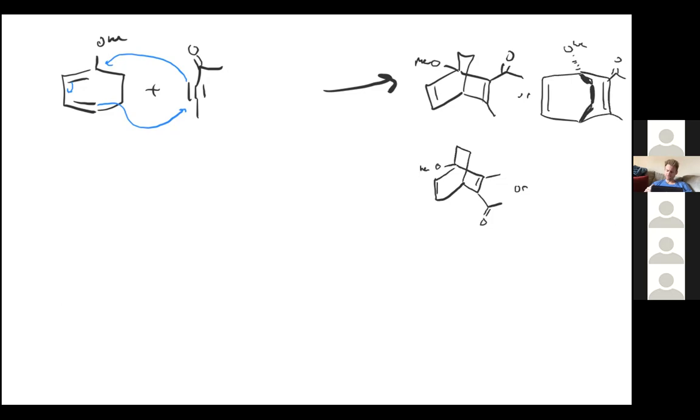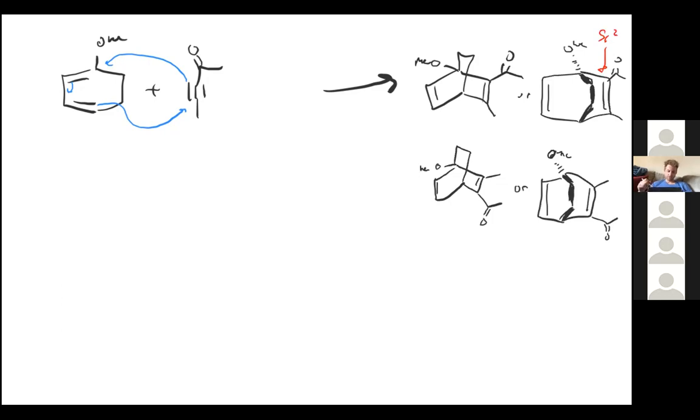It's kind of difficult to indicate how you make a two carbon bridgehead. Because this center here is sp2, there's not going to be any stereochemistry on that portion.